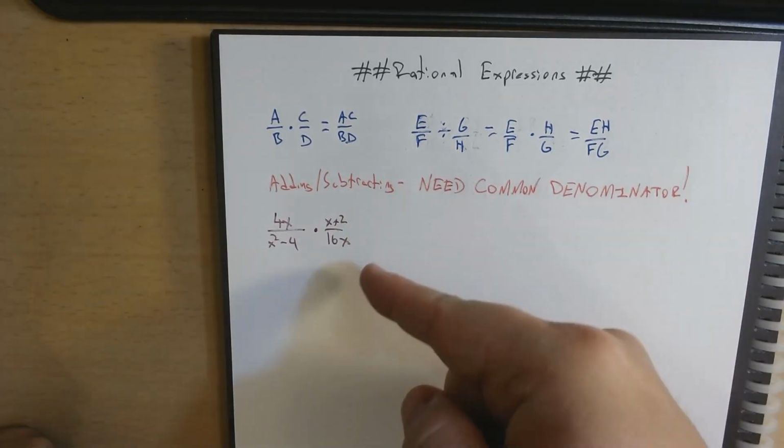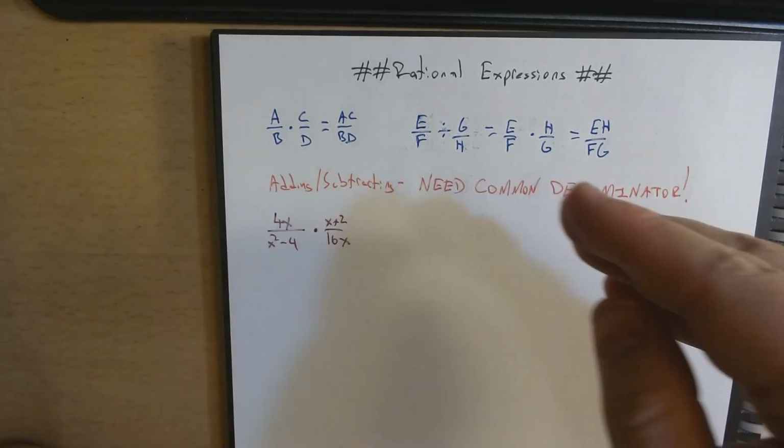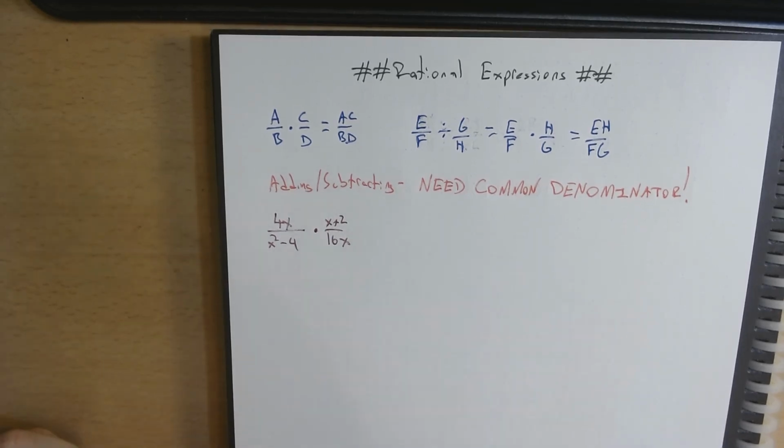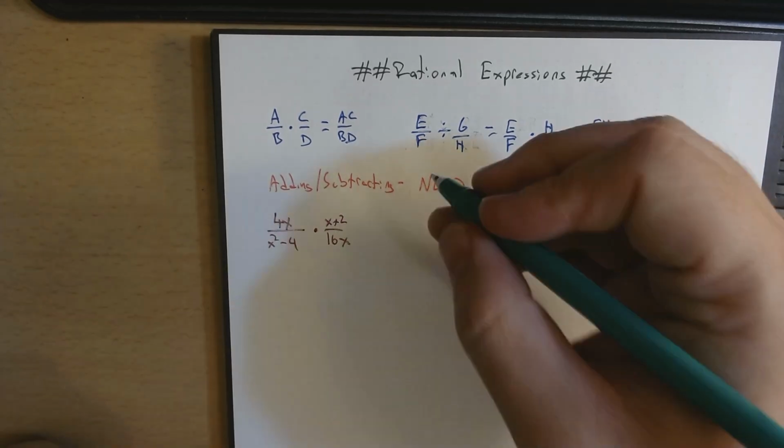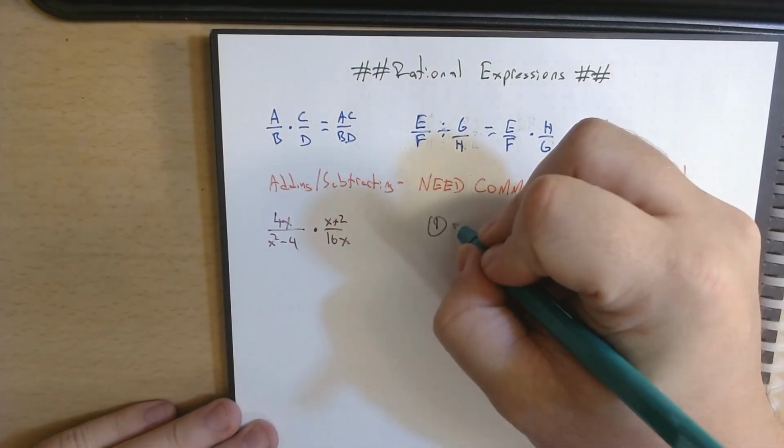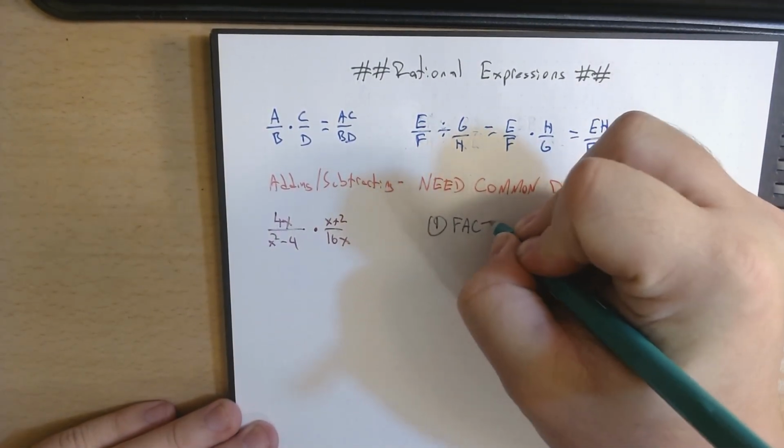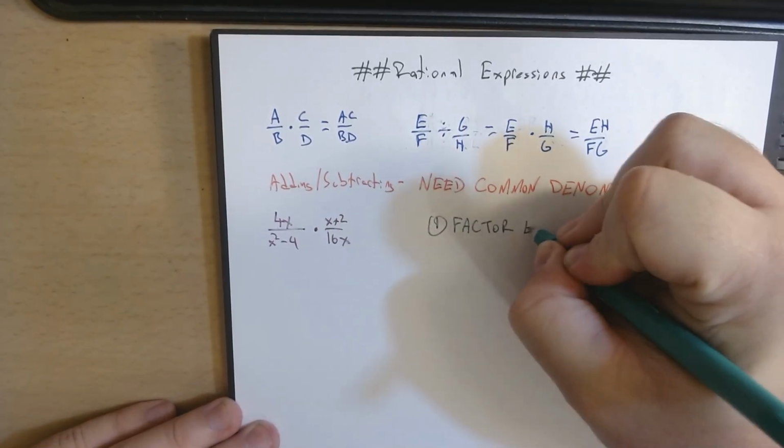Right? You're trying to make this as simple as possible. You could just multiply straight across and you'd get a big mess. So your first step always in all of these is to try to factor everything that you can.